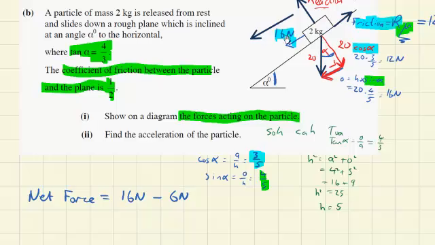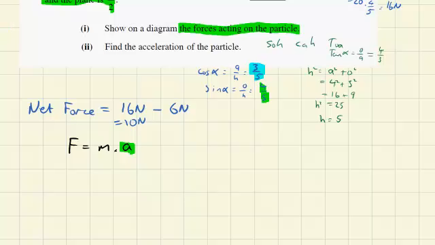So if the net force is 10 newtons, what we have then is that we nearly always use this formula, Newton's second law, which is force is equal to mass times acceleration. The question asks for acceleration, but we're given the mass and we're after working out the force. So just to fill that in then, we know that 10 newtons is equal to the mass, which in this case is, I'll just double check, I think it's 2 kilograms.